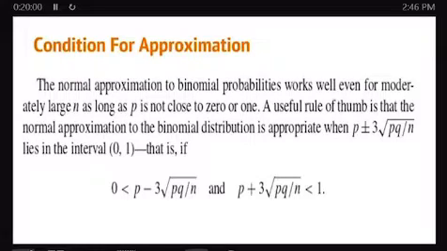Let me also briefly tell you about the origin of the normal distribution. In 1733, the first person that discovered the normal distribution was actually De Moivre. You know what De Moivre worked on? He worked on the title I'm presenting today, the normal approximation to binomial. The origin of the normal can be traced to three different mathematicians.